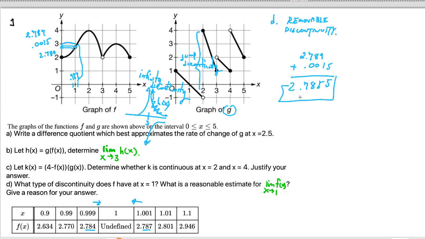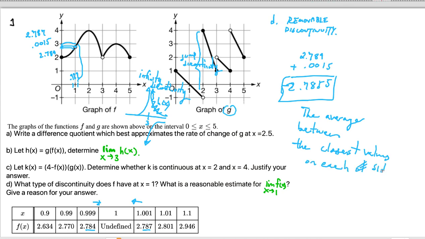Okay, give a reason for your answer. You could say the average between the closest values on each side of 1.